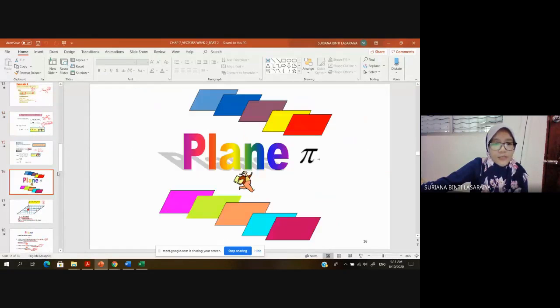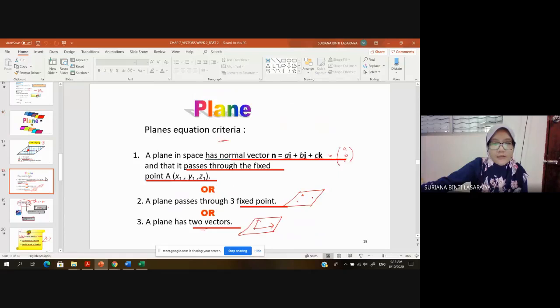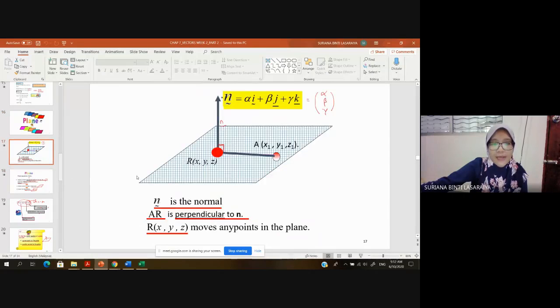And then equation of a plane, okay, finding equation of a plane. So what you need in the equation of a plane, you must know what is your n kan? You know that you have n pointing up 90 degree on your plane, and then you must have one position vector, one vector on the plane.